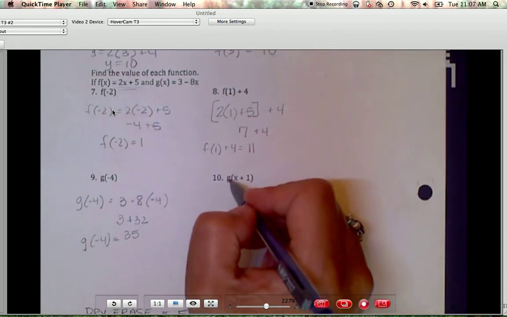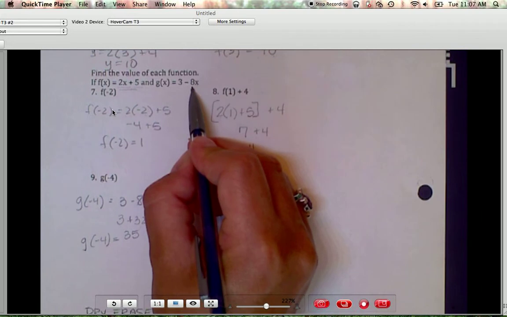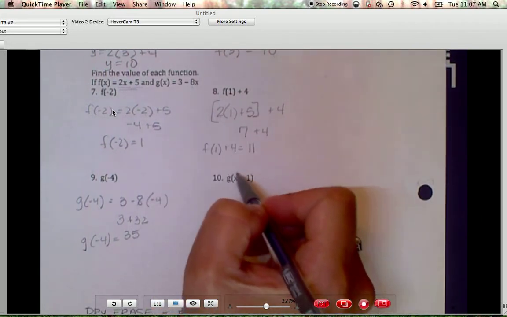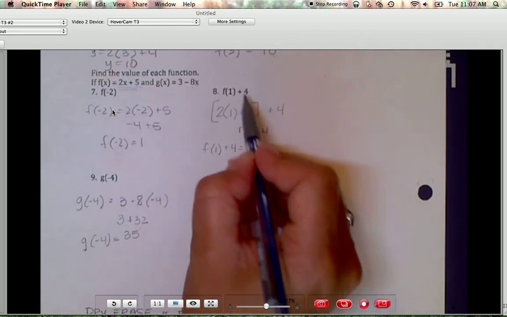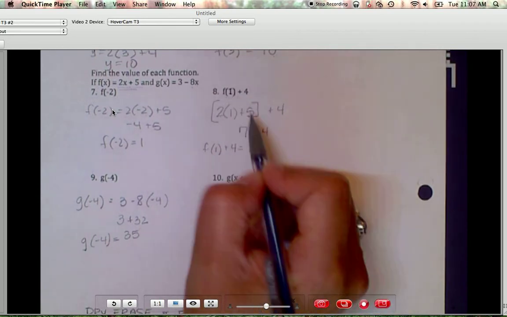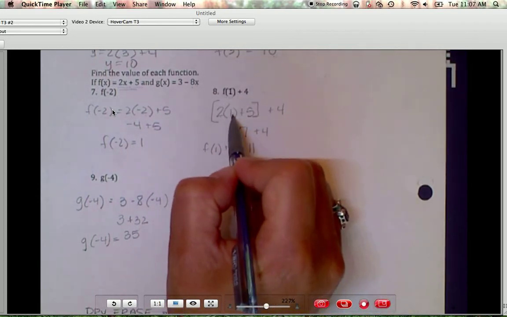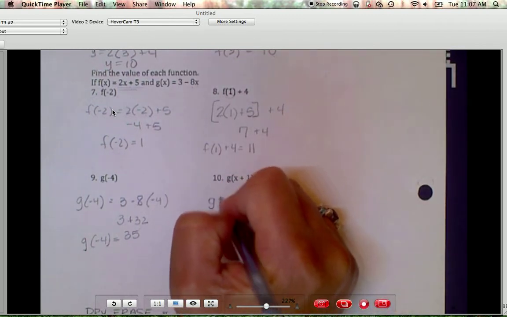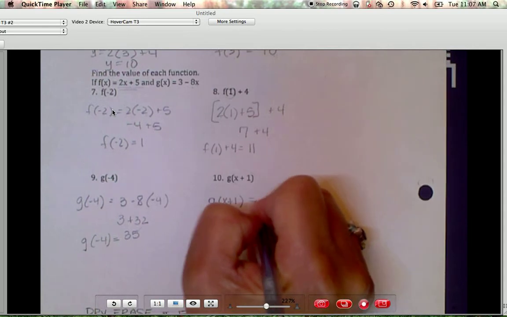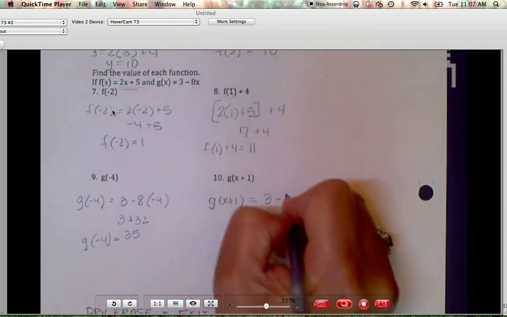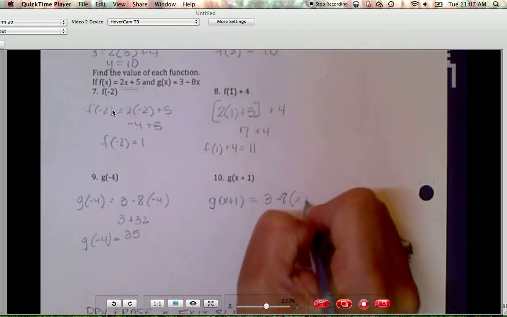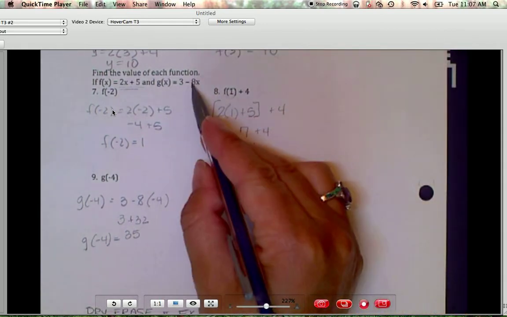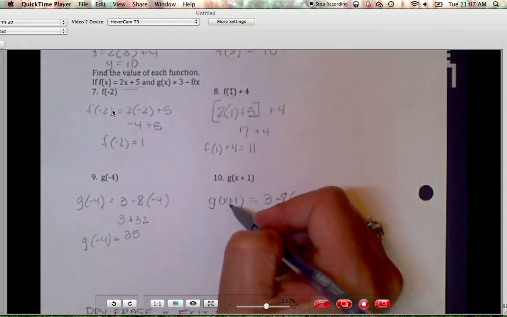Number 10 says g of x plus 1. That means every place you see an x in this one, you plug in x plus 1. What's inside the parentheses is always what you're plugging in. There's only a 1 in the parentheses in the previous problem, so we were just plugging in a 1 and then adding 4 at the end. This one would look like this: g of x plus 1 equals 3 minus 8 times x plus 1. What goes in the parentheses here in place of x is whatever is in the parentheses here.